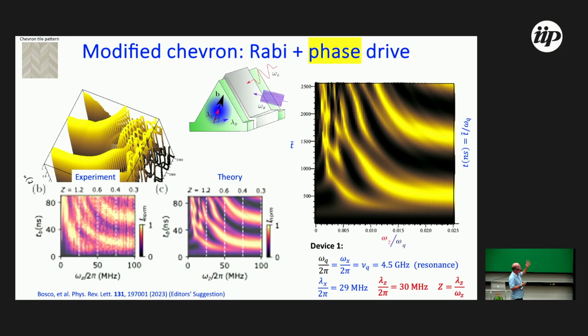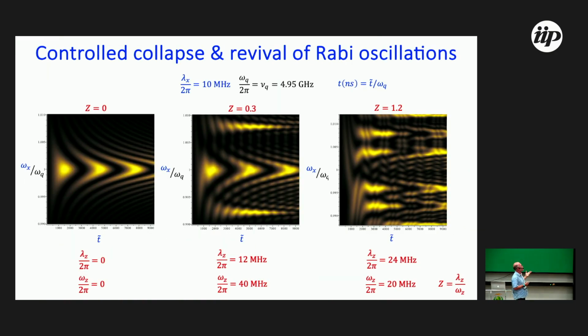I was amazed by the similarity, but I think the nicer one is this one. So we define z to be just the ratio. Let's see, where did I find it? Yeah, this ratio here. So lambda z is the intensity of the drive, the longitudinal drive, and that's the frequency of the longitudinal drive.